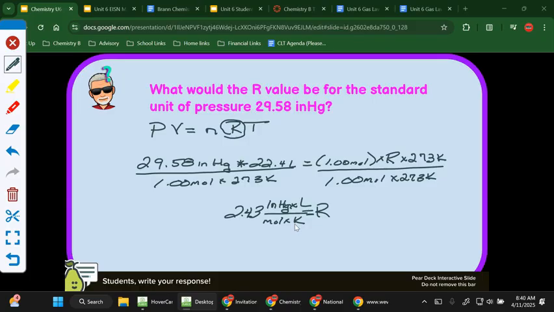How much? It would double as well. There is a relationship between volume and amount of gas at STP. Okay? Good.